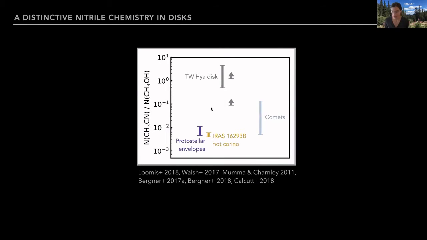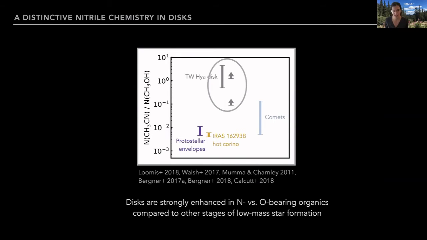When we compare this to the methyl cyanide to methanol ratio that's been measured in earlier stages of star formation, we see that we are now about 2 orders of magnitude higher in methyl cyanide to methanol in the disk stage compared to these earlier stages. So we see this strong enhancement in nitrogen compared to oxygen-bearing organics in disks relative to earlier stages of star formation, which is a pretty dramatic effect.